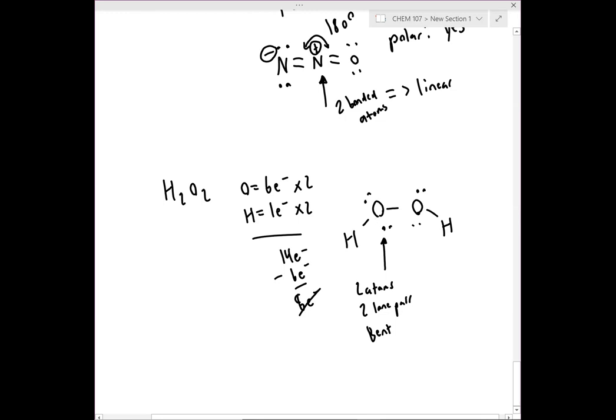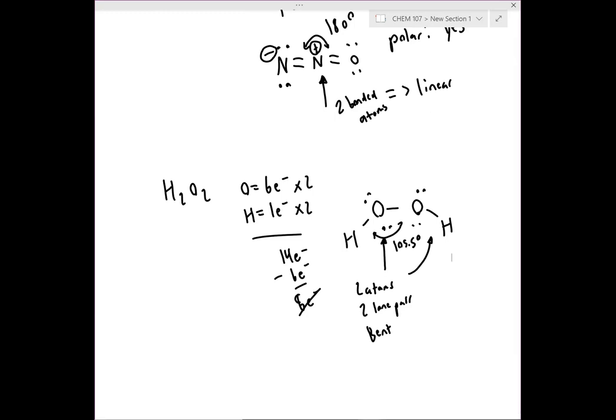So then, what would the bond angle be? Less than 105 point something. 105.5. And the bond angles and geometry are the same for both of our oxygens because they have the same number of bonded atoms and lone pair electrons. Does that make sense? Yes.